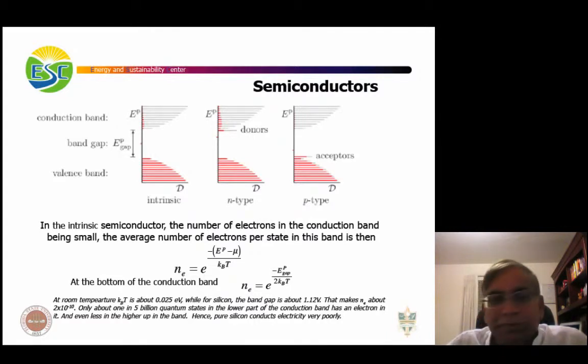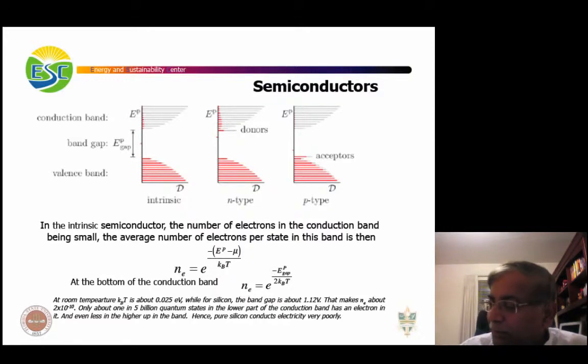The number of electrons per quantum state is given by this expression at the bottom here. In the conduction band, this expression can be simplified into the Maxwell-Boltzmann equation in this particular case, and it shows that the number of electrons in the conduction band is extremely small.